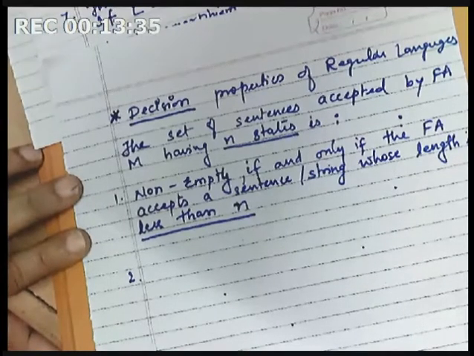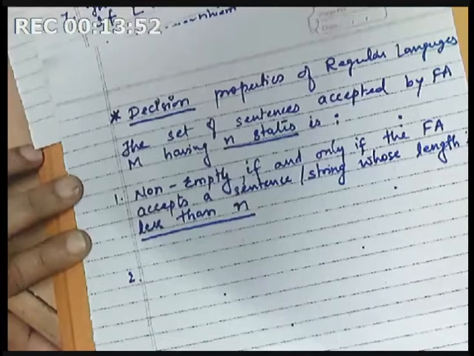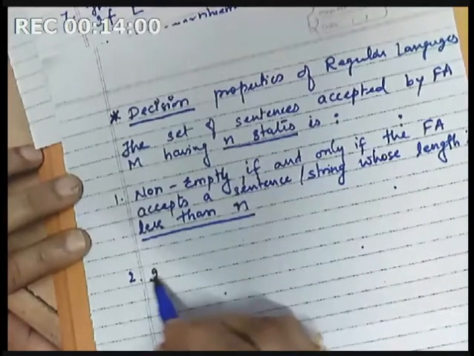We have just discussed in regular expressions that the empty string is also a regular expression, and even the phi set, that is the empty set, represents a regular expression. So a language accepted by any finite automata which generates the empty set is also regular. Next is when we will say infinite.